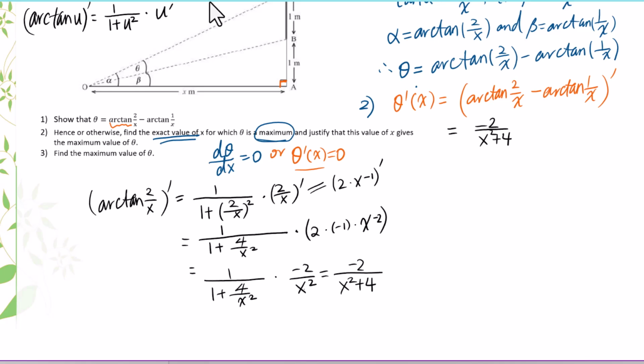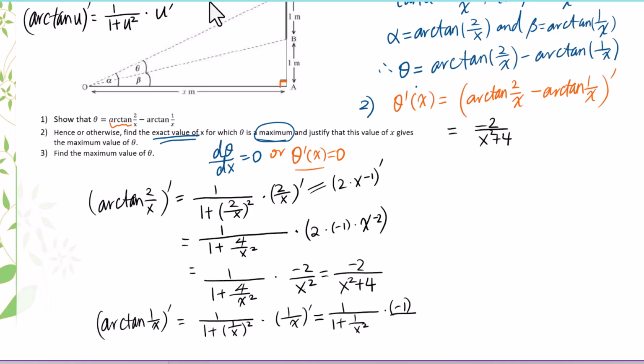In the same way we can figure out arctangent 1 over x prime, which equals 1 over 1 plus 1 over x squared times the derivative of 1 over x, which is negative 1 over x squared.